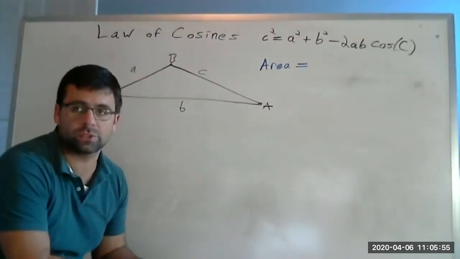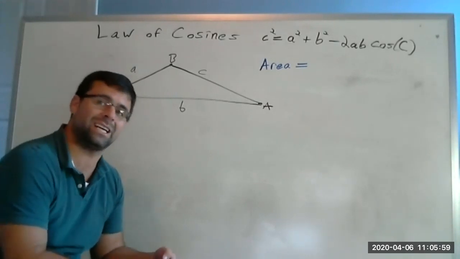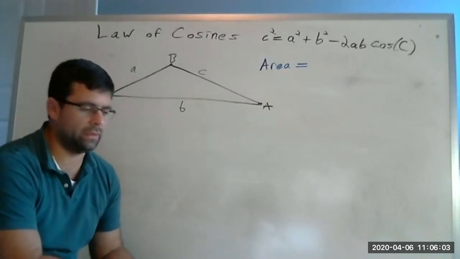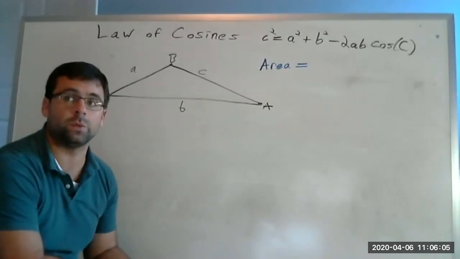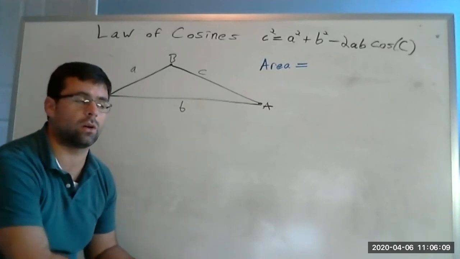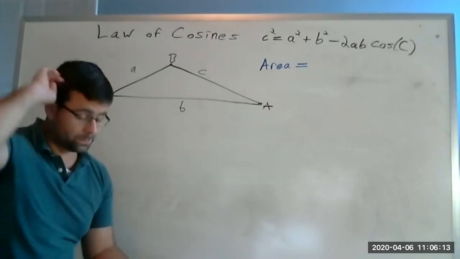So last week we were talking about these two things, law of sines and law of cosines. These were relationships that we use to solve triangles that aren't necessarily easy, nice, right triangles.